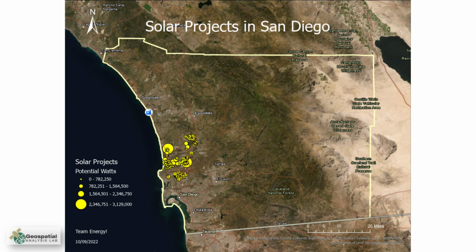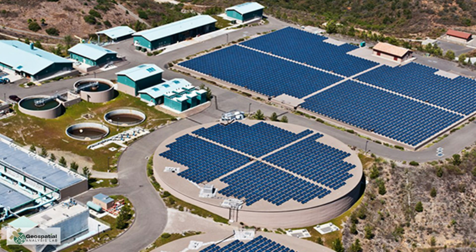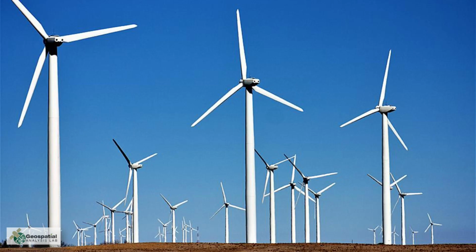The suitable solar projects only accounted for approximately 161,000 kilowatts of energy, which leaves 589,000 kilowatts of energy required to power the plant. A geospatial analysis of wind energy was performed in order to make up for this deficit.